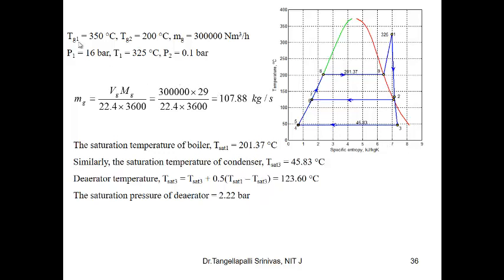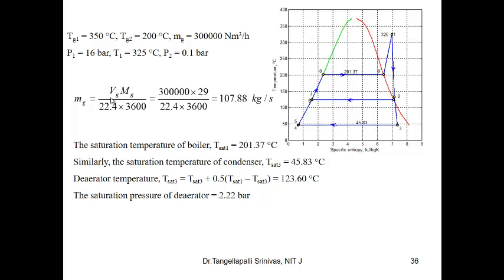The given data is gas inlet temperature Tg1 equal to 350 degrees centigrade, and gas outlet temperature Tg2 is 200 degrees centigrade. The gas flow is 3 lakhs normal meter cube per hour, boiler pressure P1 is 16 bar, turbine inlet temperature is 325 degrees centigrade, and condenser pressure P2 is 0.1 bar.